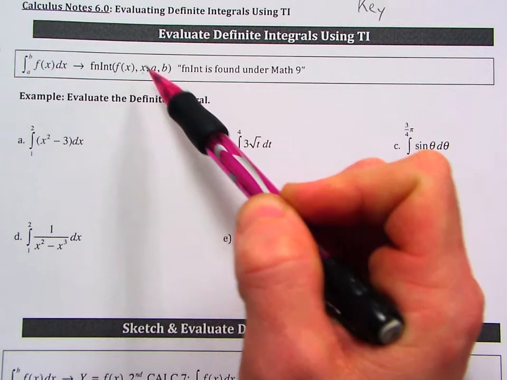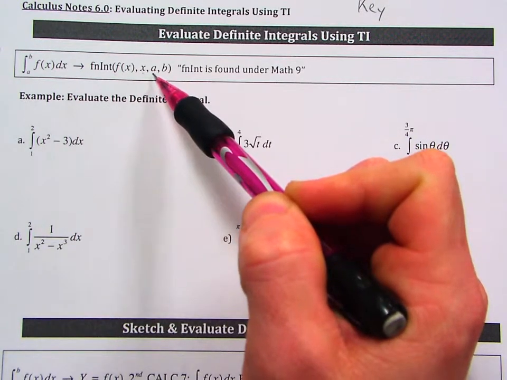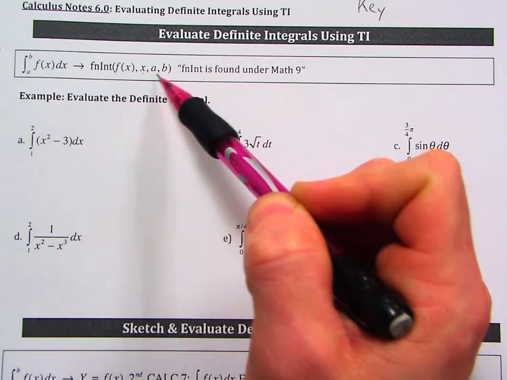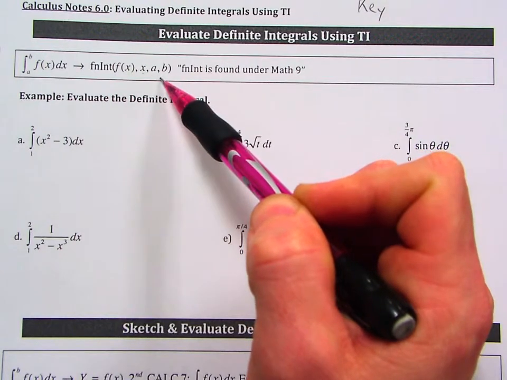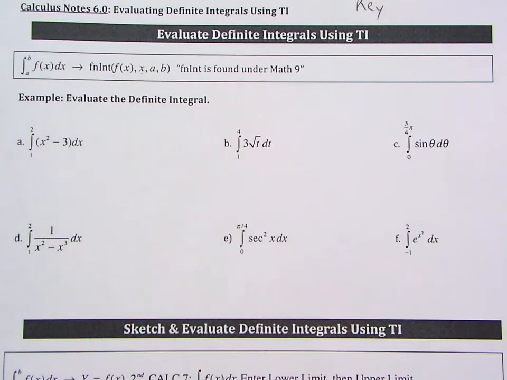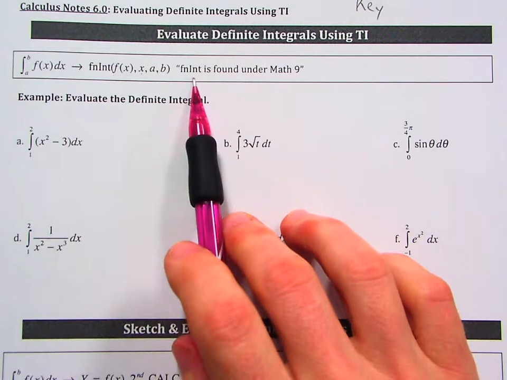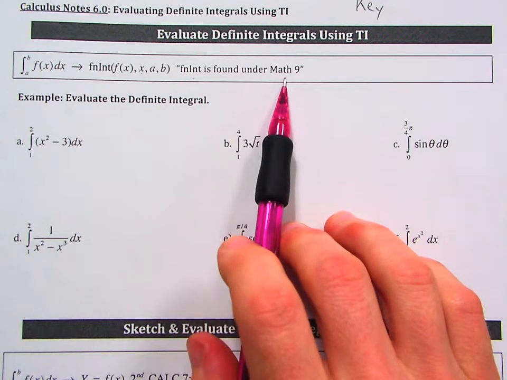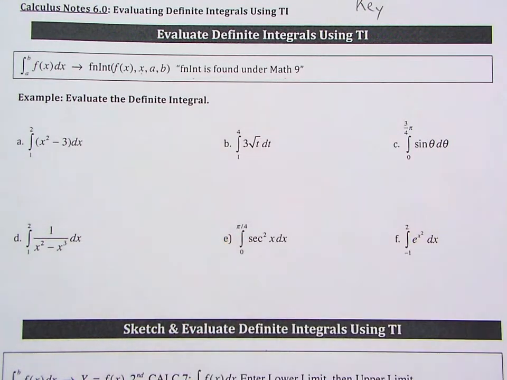This is x, then a comma, and then our limits of integration a, comma, b. When we hit enter, it gives us an approximation for that definite integral. The function integral is found under math, and it's number 9.